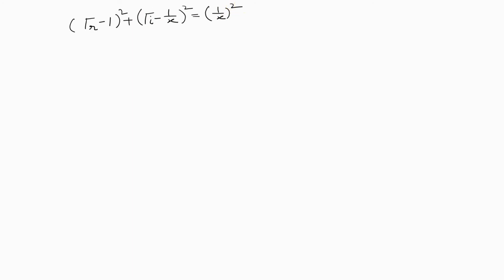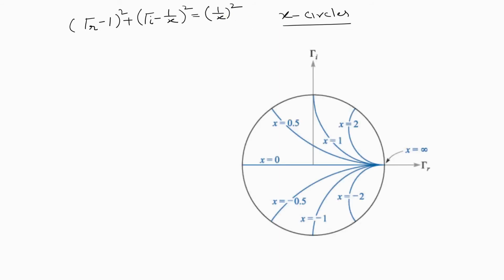So again, this is also an equation of a circle, and these are called x circles. For different values of x, we will have different circles like this.